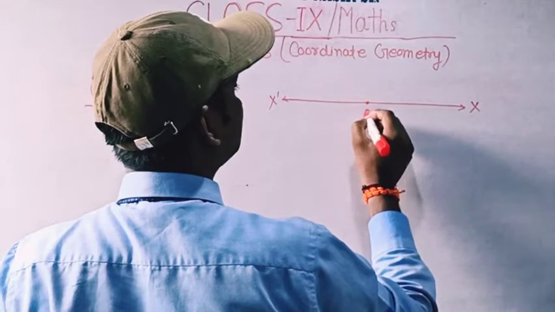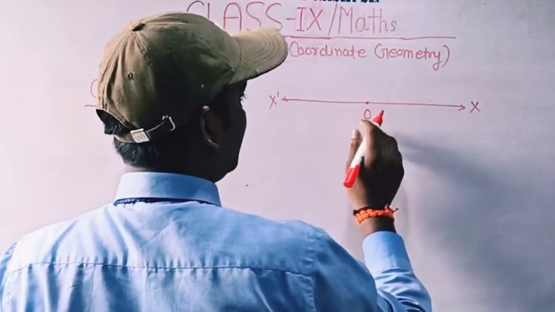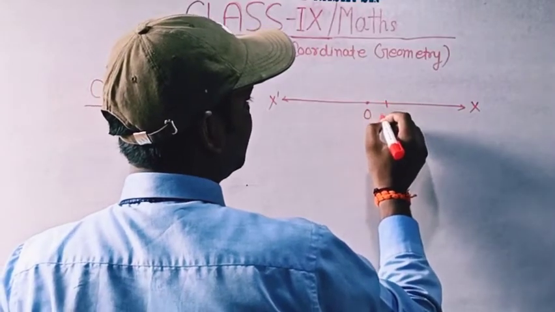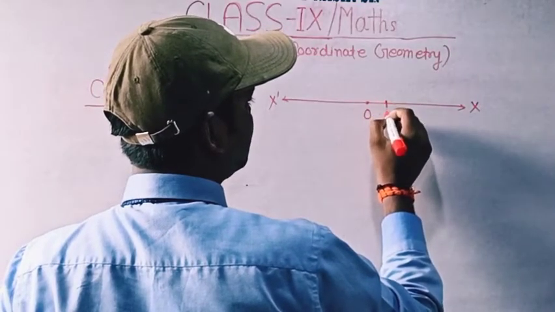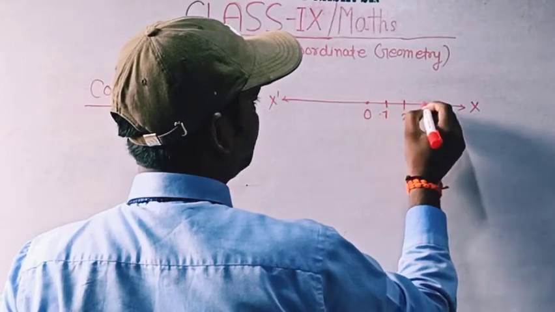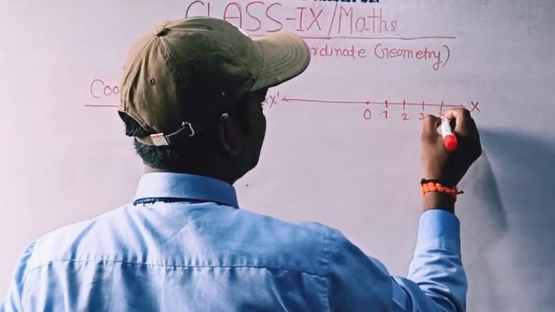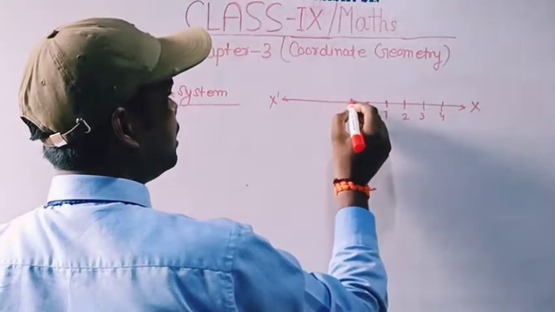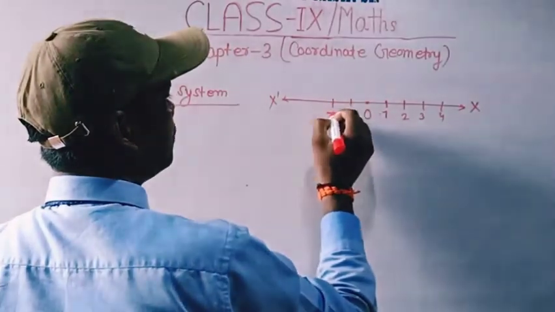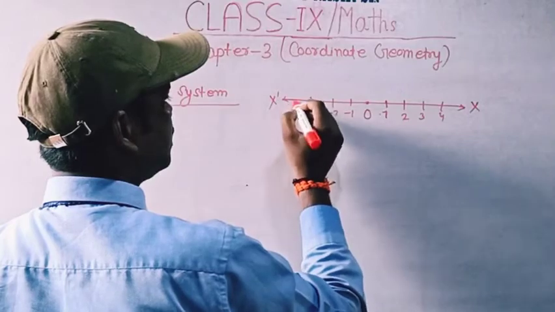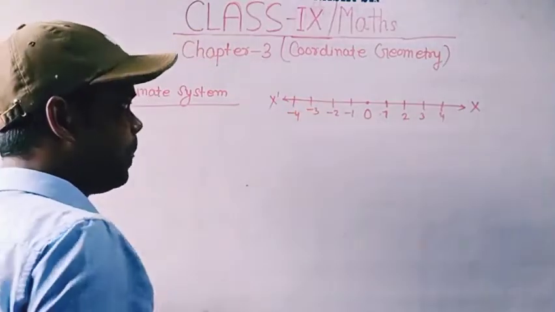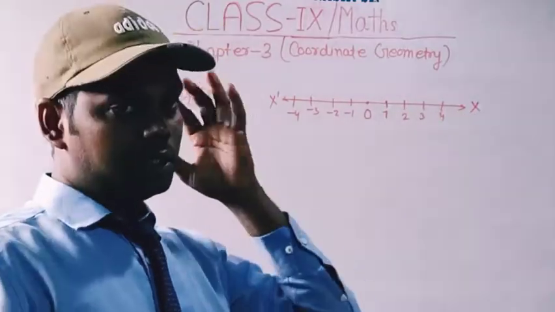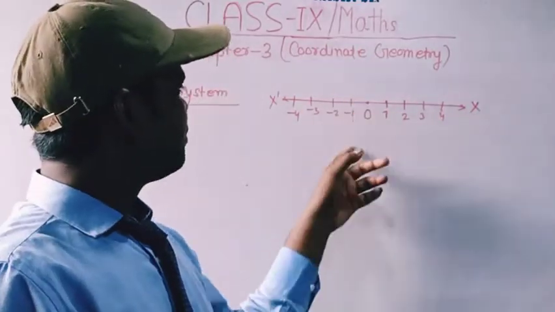This is 0, and starting from 0 on the right side, taking the positive direction, this is +1, +2, +3, +4, and on the left side -1, -2, -3, -4.